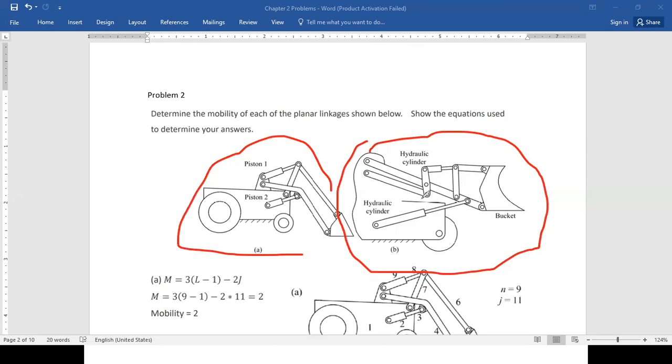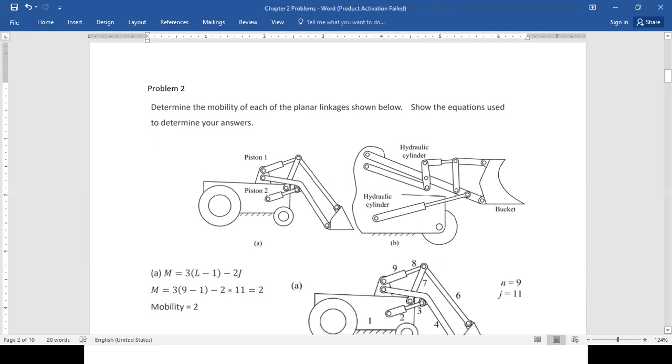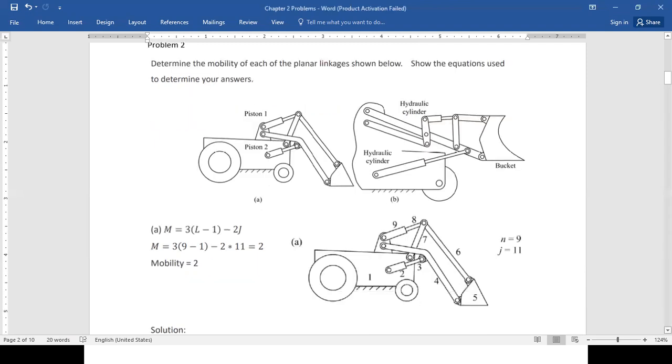If they ask you what is the actuator number, or what is the mobility, or what is the degree of freedom, this means the same thing. The procedure will be to count first the links and then the joints, and then apply Grubler's equation. Let me zoom in a little bit, and let us count together the number of links and joints. So this is the figure of part B.